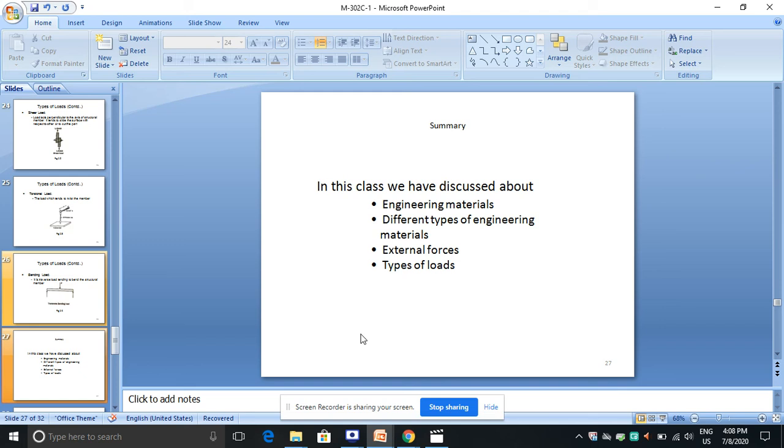Next are forces: static force, dynamic force, inertia force, torsional forces. These are forces and also types of loads: concentrated load, point load, distributed load, shear loads.